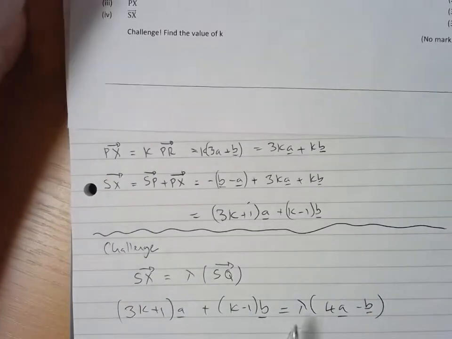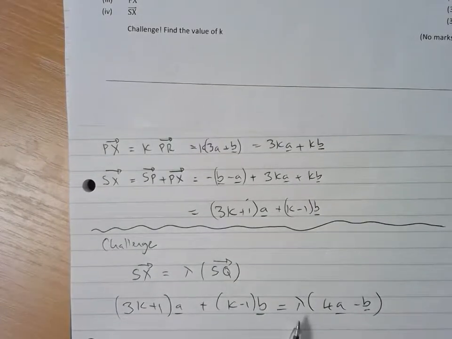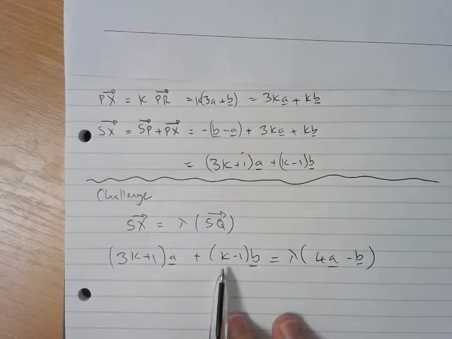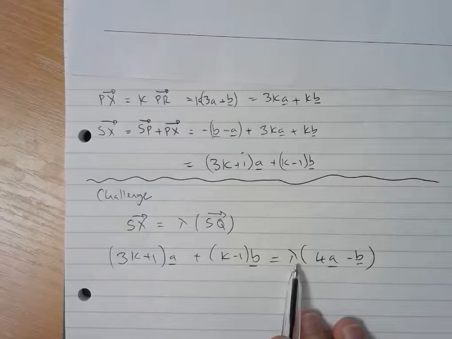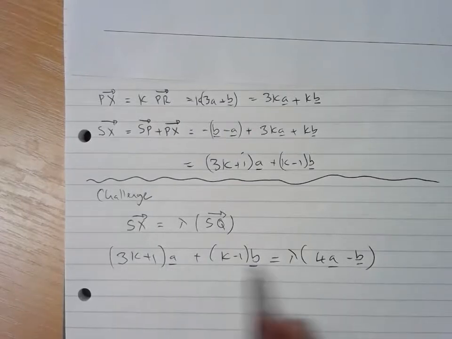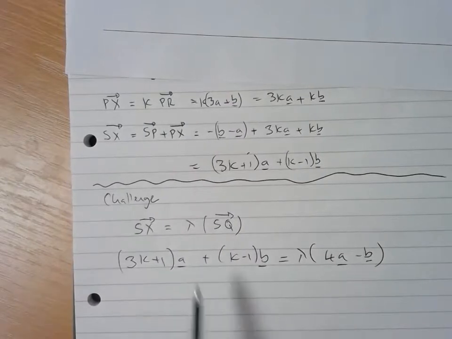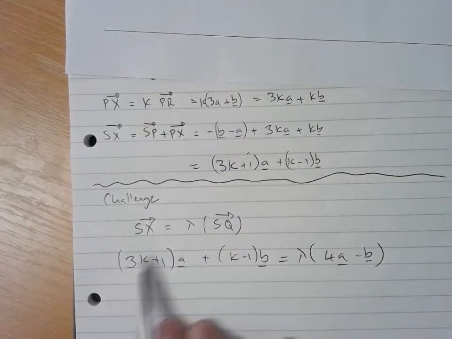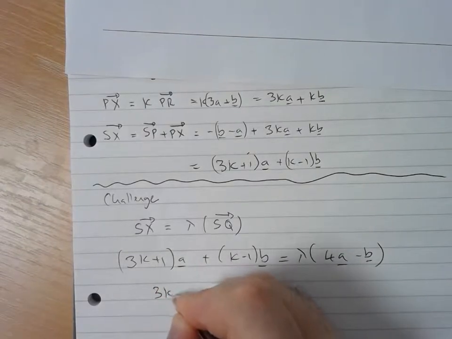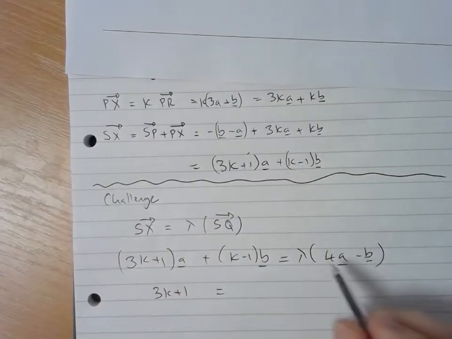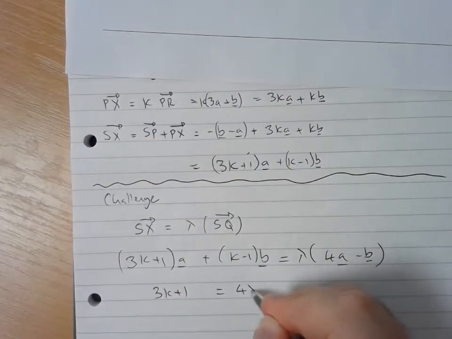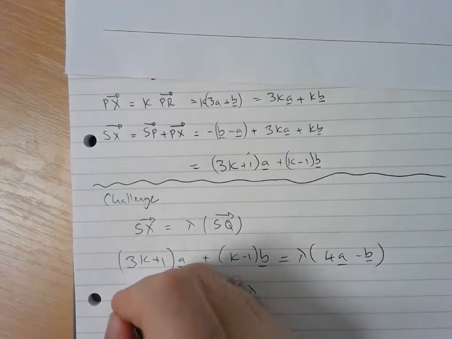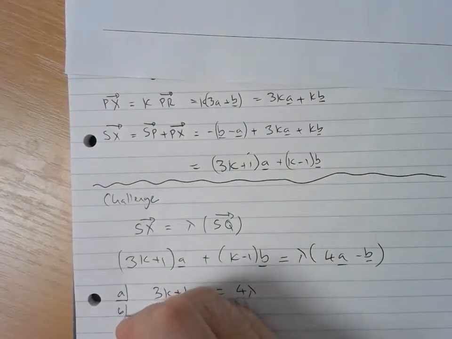So this actually looks immediately like it's got worse. We've now got K and we've got this lambda. But because we need this equation to work for any A and B, not just particular ones, we must have the same number of A's on this side as this side. So this gives me 3K plus 1 equals 4 lambda. And we must also have the same for the B's.